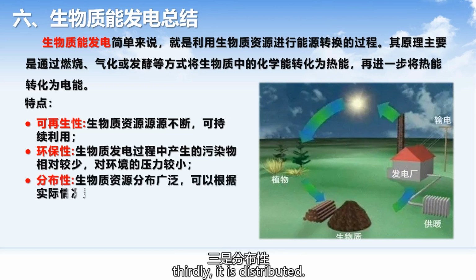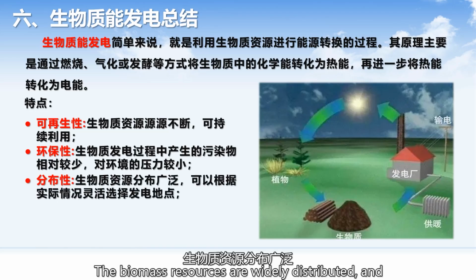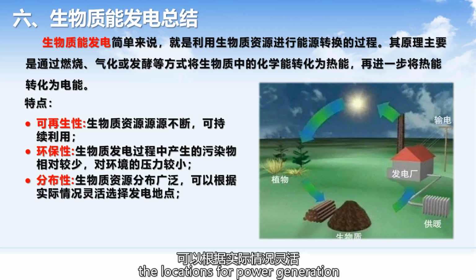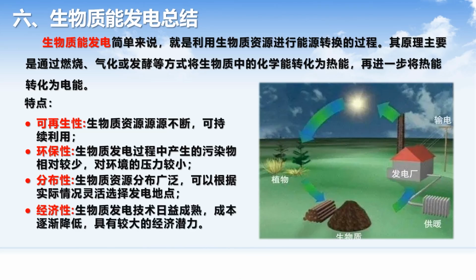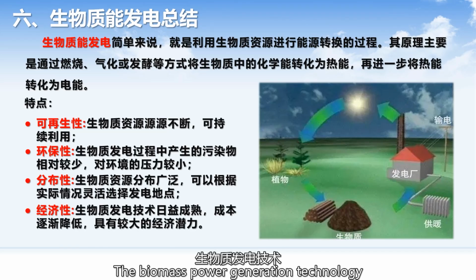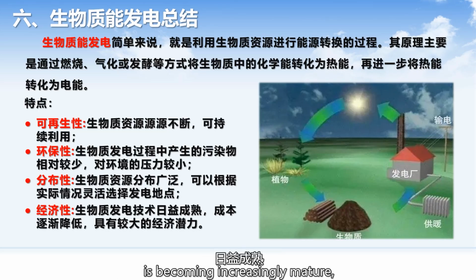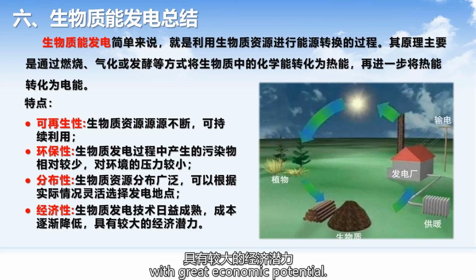Thirdly, it is distributed. Biomass resources are widely distributed, and the locations for power generation can be flexibly selected according to the actual situation. Fourthly, it is economic. Biomass power generation technology is becoming increasingly mature, and costs are gradually decreasing, with great economic potential.